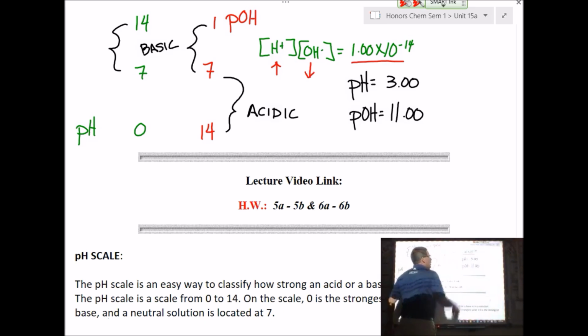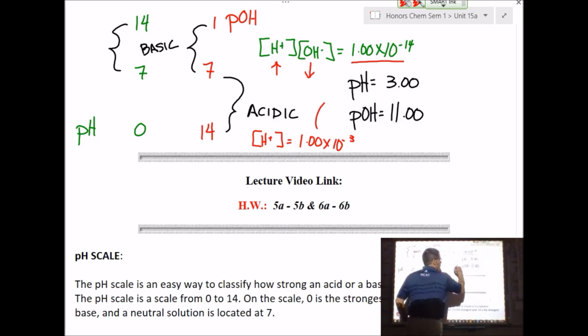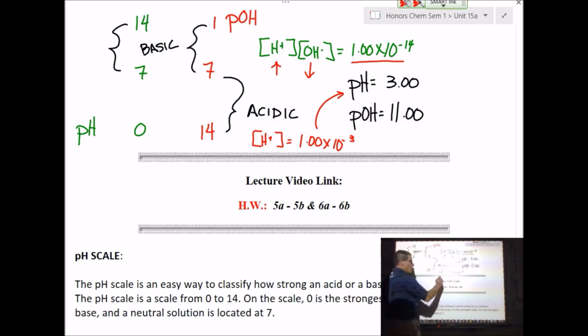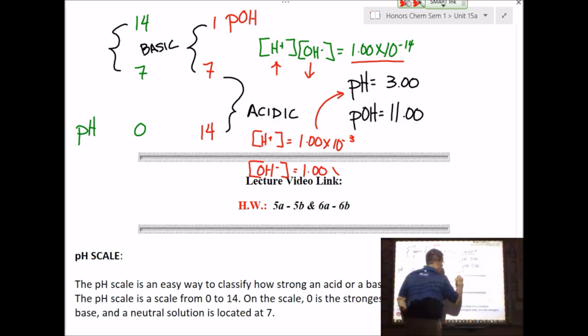If I have, hypothetically speaking, hydrogen equal to 1.00 times 10 to the negative 3, then my hydroxide will be what? That's right, 1.00 times 10 to the negative 11.